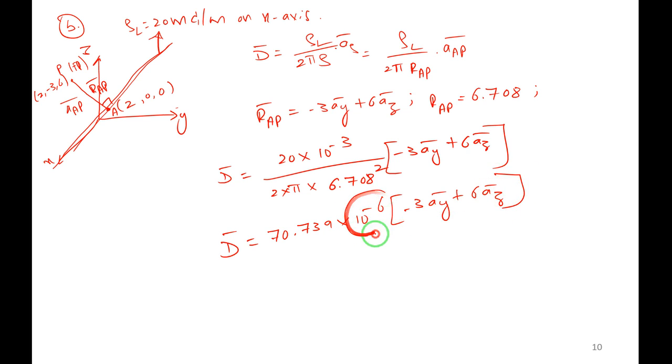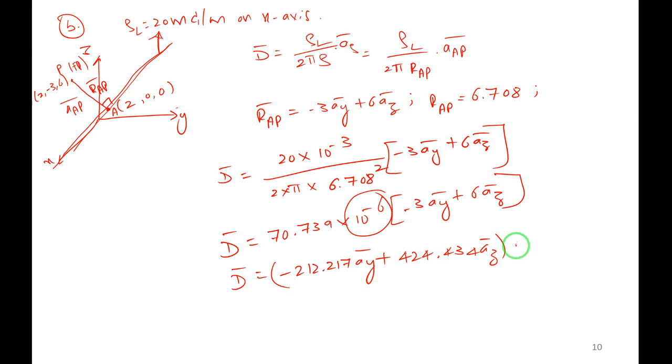I will take this 10 power minus 6 outside and multiply 70.739 with this. 70.739 into minus 3 gives minus 212.217 AY. Then 70.739 into 6 gives 424.434 AZ. Put it in brackets.